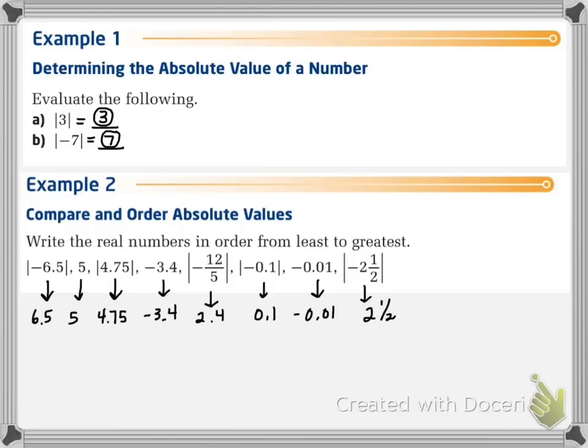Now we could put them in order from least to greatest. The least would be the negative numbers. So -3.4 would be the smallest number. -0.01 would be the next smallest. Now the rest of them are all going to be positives. So when we start looking at this, we can say that the next number must be the absolute value of -0.01.